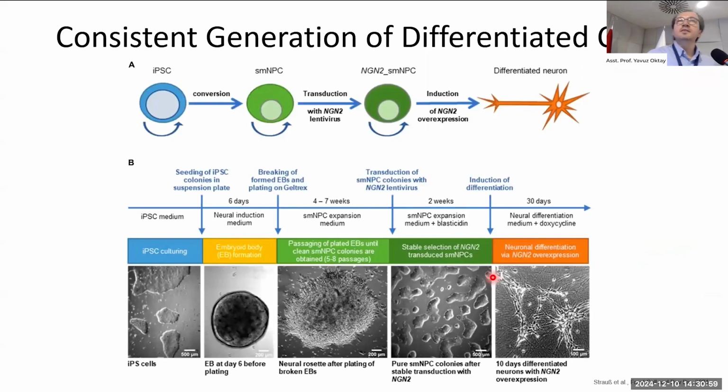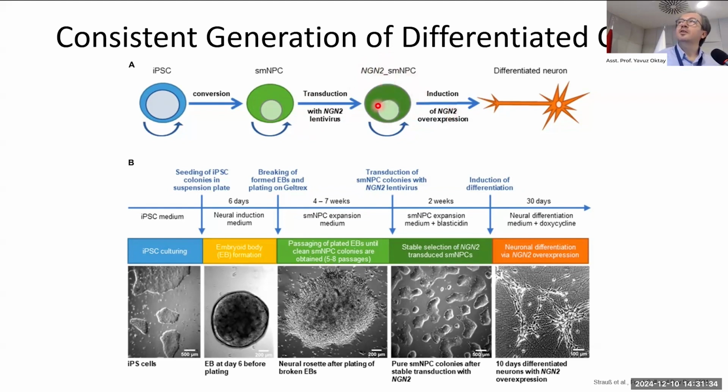As we said, consistency is a major problem. When you generate cells from iPSCs, you must have homogeneous cell populations. There are many approaches to answer this need. One of those, at least for neural differentiation, is to transduce cells with certain transcription factors like NGN2, and generate these NGN2-expressing neural progenitor cells, which can be induced by doxycycline.